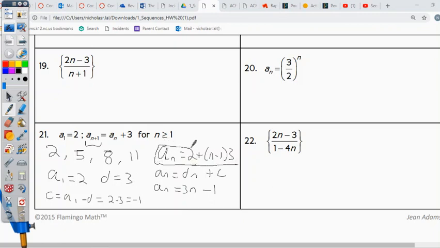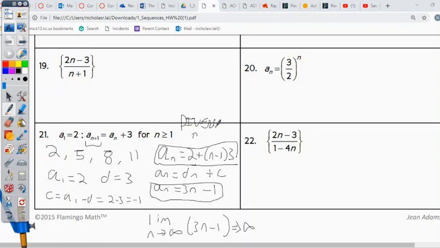So anyways, regardless of which one you do, I think the second one is easier to look at. You take the limit as n approaches infinity of 3n minus 1, and that's going to approach infinity. And so that means it diverges. I did a lot of work for this one, but you could get this problem very quickly on the exam.